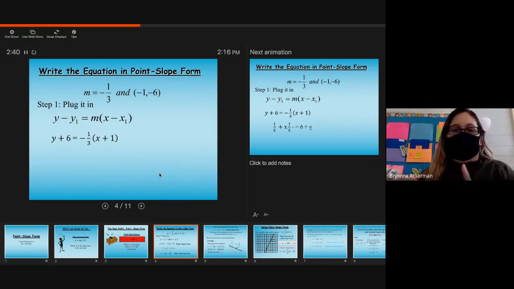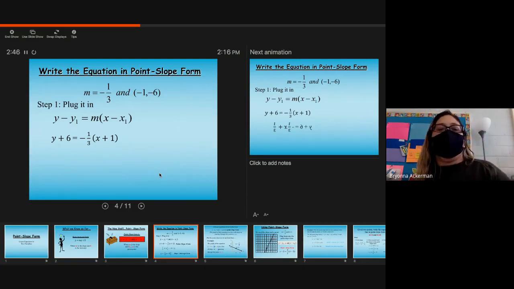So we can do this when we're given the slope and 1 point. If we were given this information, and they said, hey, but we really want the y-intercept format, it's okay, though. I can go from this form to the other form very easily. How do I get y by itself, guys? I subtract that 6, and then what do I have to do to that slope, though? I have to distribute it.